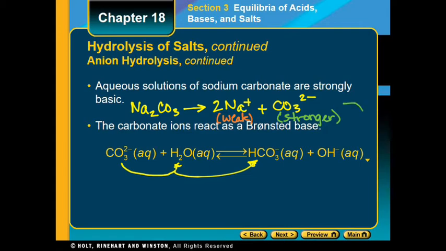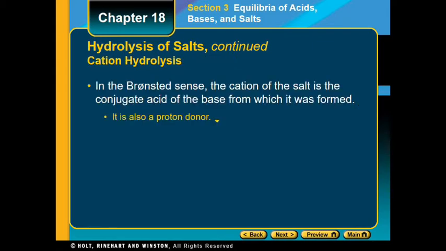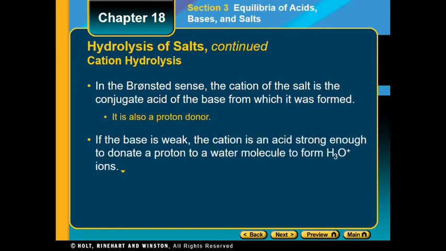So this might help you too in the breakdown as you get down to the aqueous solutions in their ionization state here. So the hydroxide ion concentration will increase until equilibrium is established. In the Bronsted-Lowry sense, the cation of a salt, so we've looked at the anions of the salt, the cation of the salt is the conjugate acid of the base from which it was formed, so it's a proton donor.